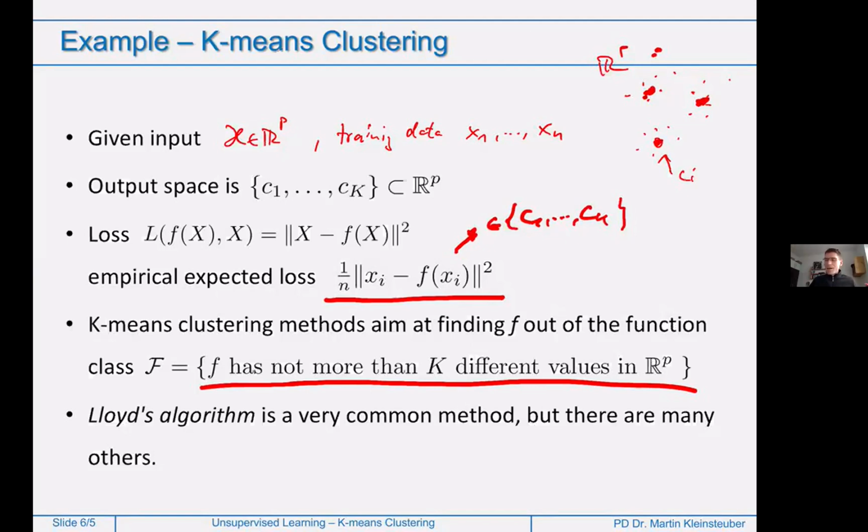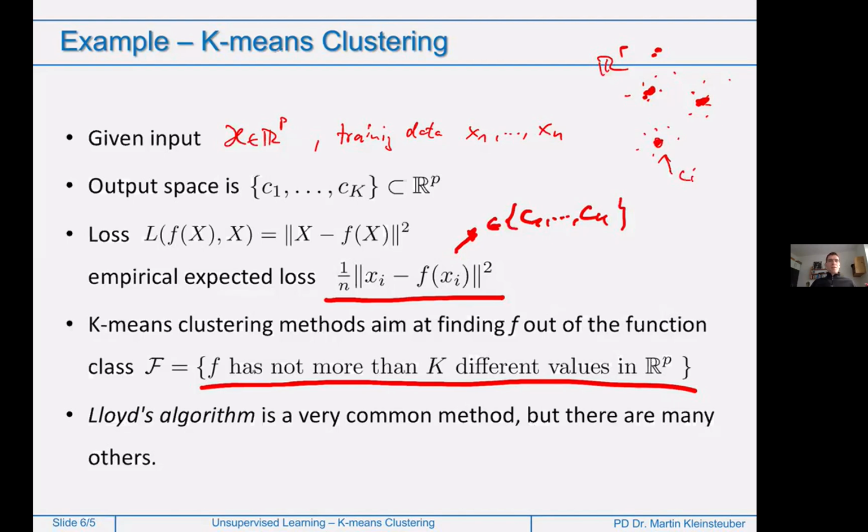And now a practical answer. In practice, you would probably try out a few numbers for k, because k has to be fixed and predefined beforehand in this k-means clustering approach. You would try a few k's and see whether there is a big difference in the loss between k and k plus 1.